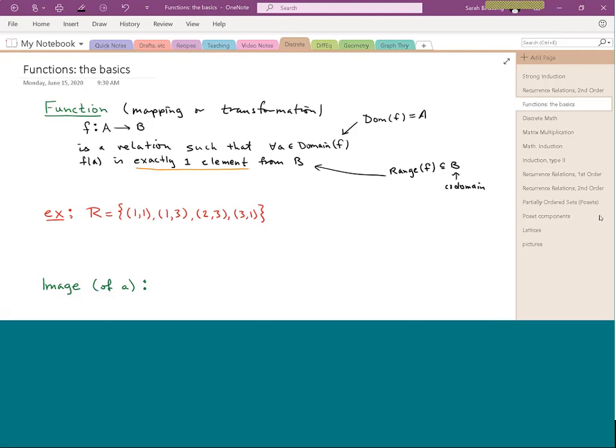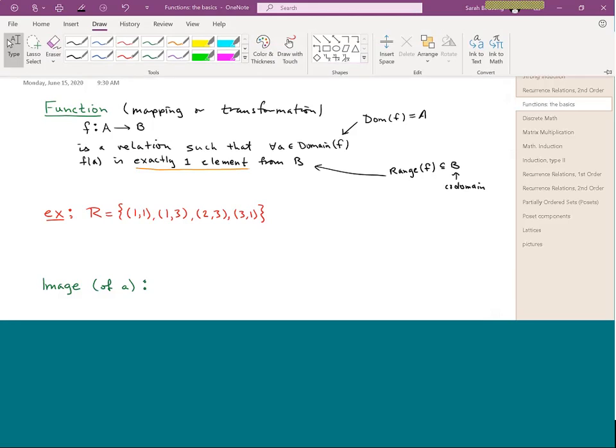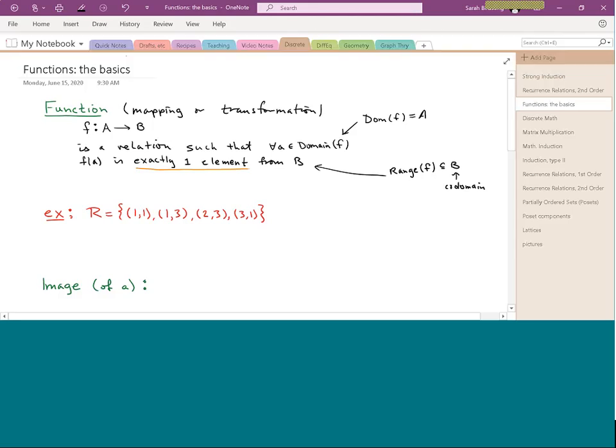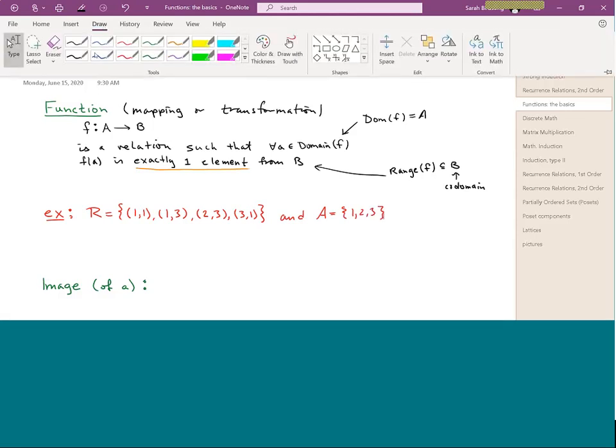Okay, so if we look at this given relation, it has the ordered pairs (1, 1), (1, 3), (2, 3), and (3, 1), and let me go ahead and insert our building set A. We're going to assume our building set A here is the numbers 1 through 3. What do you guys think? Does this look like it could be a function?